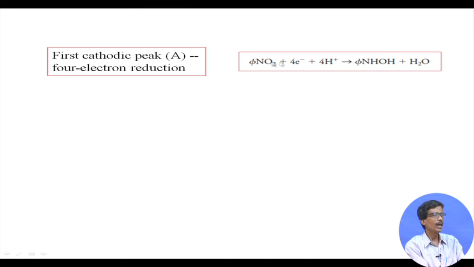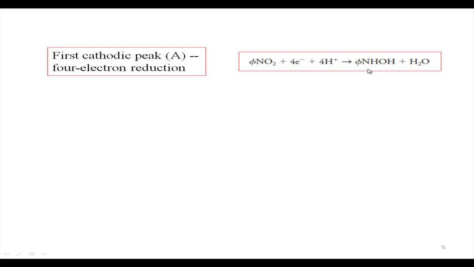This reduction involves not only electrons, that means you can put an extra electron on the nitro group as a dot on nitrogen, but it is not only that. You will also require the transfer of hydrogen at the same time.